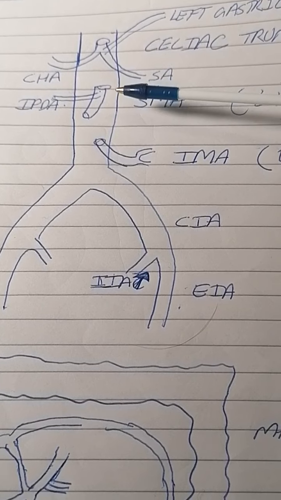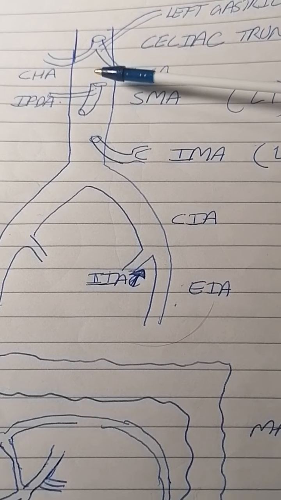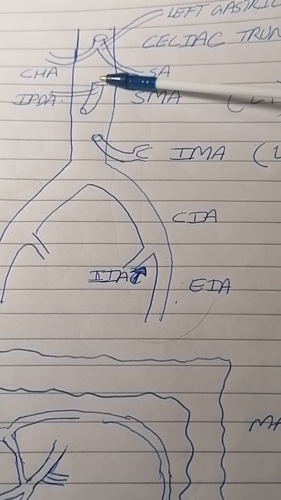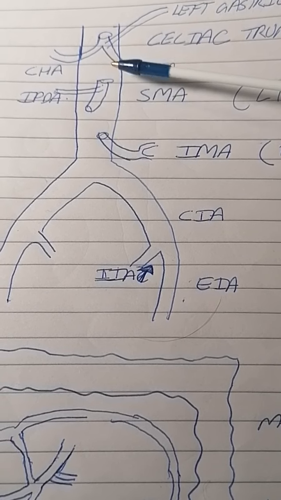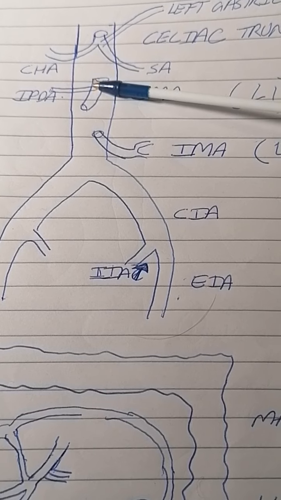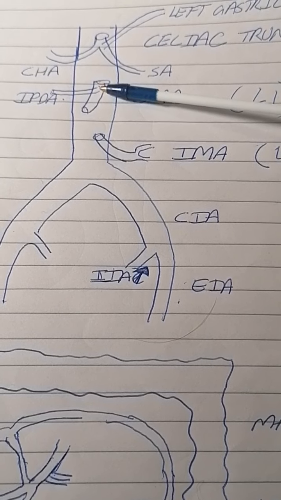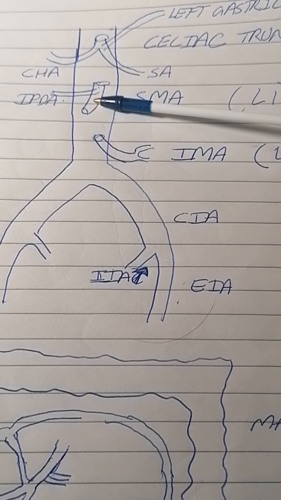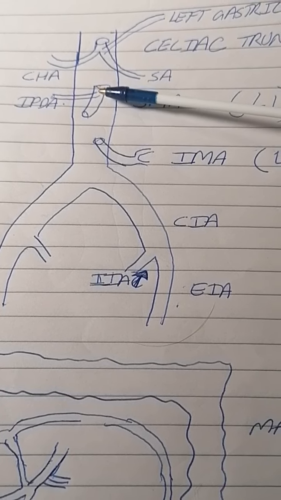Now coming a couple of centimeters below the celiac trunk, around 2 centimeters, we have the origin of the superior mesenteric artery. The superior mesenteric artery arises at the L1 vertebral level from the aorta.